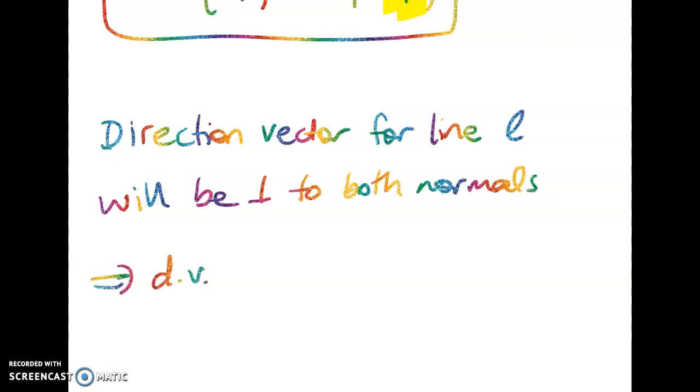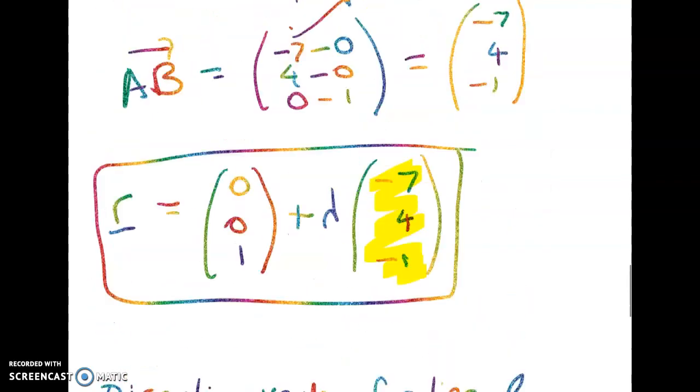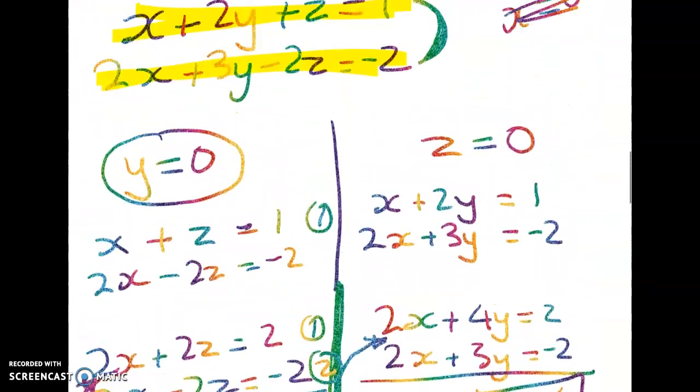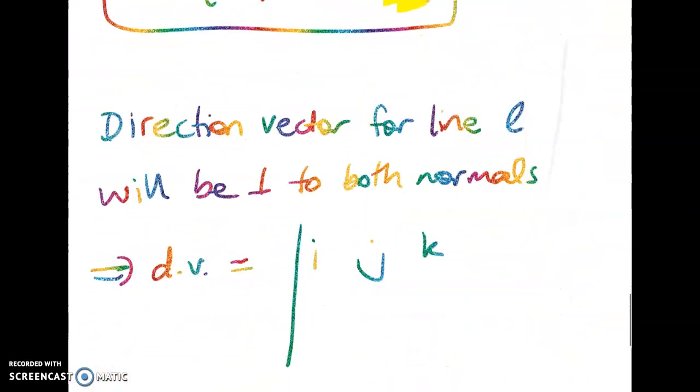Therefore, the direction vector is equal to this. Now, writing it out the usual way, we'll put our I, J, and K down here, and then we just chuck in the 2 normal vectors. And the normal vectors came from the equations, right? So it's going to be 1, 2, 1, 2, 3, negative 2.